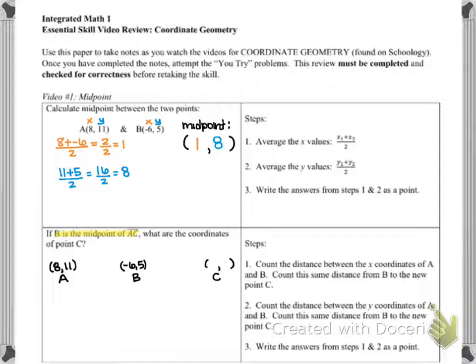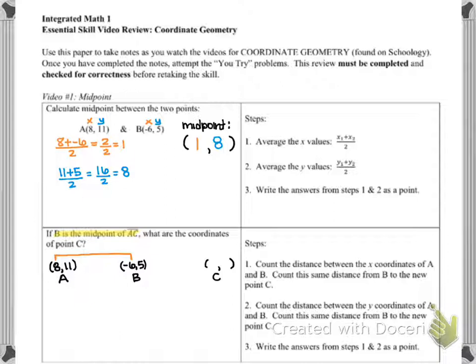So I'm going to count the distance. Now, the distance between two things, you can subtract them, or you can use a number line to count them. I'm just going to look at the x's themselves. If I take a look at 8, and I want to go to negative 6, think about traveling on the number line.